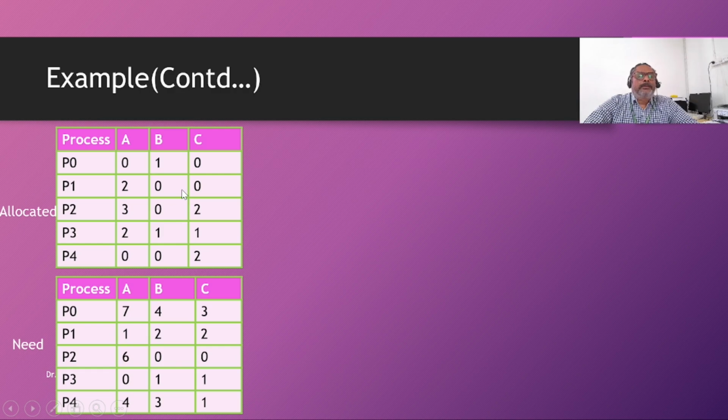So this is the allocated matrix, and this is the required matrix, the need matrix. We have this allocated, we have this more requirement, and currently we have 3 3 2 resources available: 3 of A, 3 of B, 2 of C. So what is required for P0? 7 4 3.